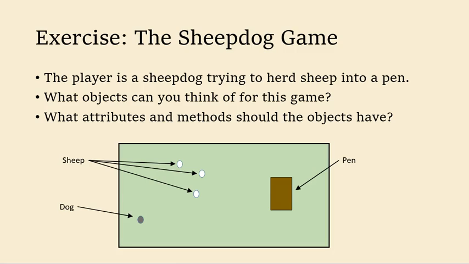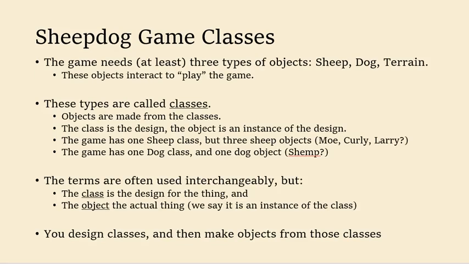It's the same thing. We would have one sheep class, but then we would make 3 sheep objects from that class. So we distinguish a little bit between classes and objects. So the class is the design, and the object is what we call an instance of the design. The game has 1 sheep class, 3 sheep objects. The game has 1 dog class, and only 1 dog object.